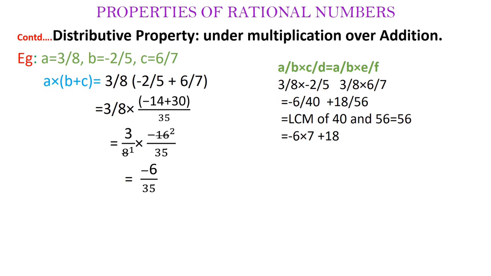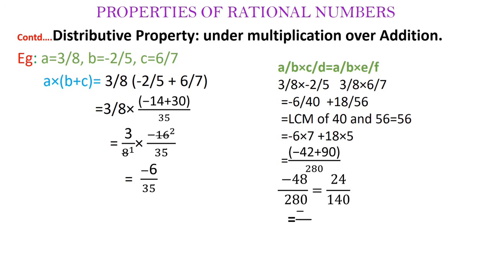Minus 6 into 7 plus 18 into 5, we get minus 42 plus 90 by 280. So we multiplied into denominators. When we add, we get 48/280. When we cancel them, we get 24/140. When we cancel further, we get 6/35.